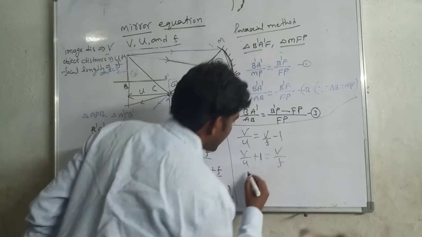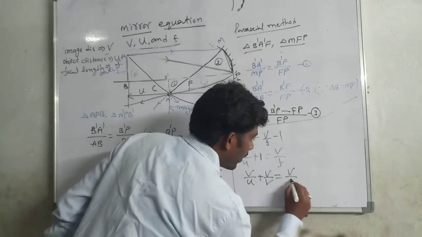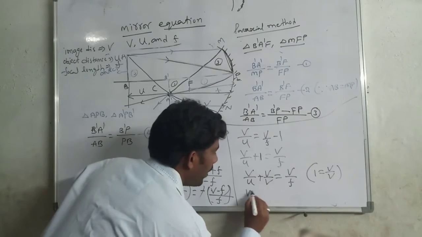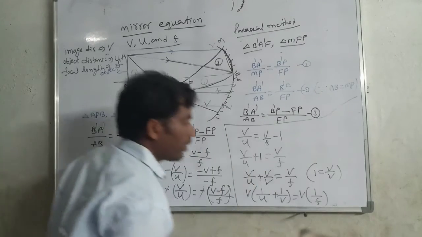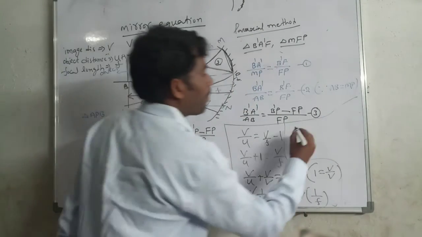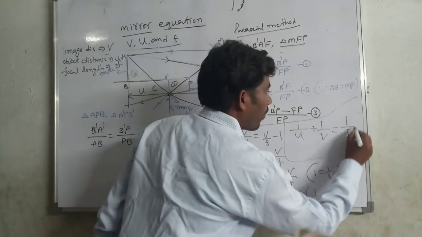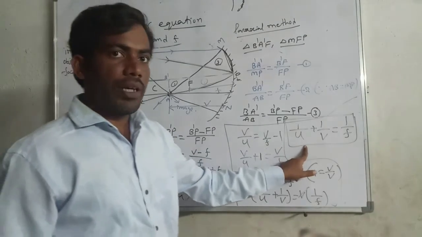This 1 we will take as V by V, because 1 equals V by V. Then you have V by U plus V by V equal to V by F. Cancelling V on both sides, lastly you get the formula 1 by U plus 1 by V equal to 1 by F. This we call the mirror equation.